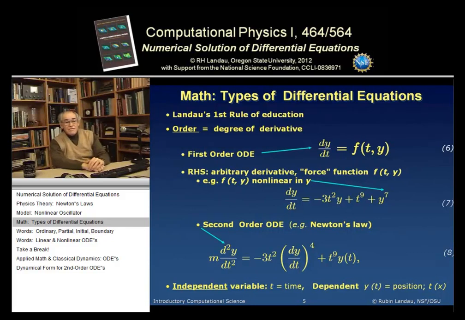I can tell you I want this value of the independent variable, and since it's independent, you can do that. So in all these equations, time, or t, is the independent variable. We can say at time 1 second, at time 2 seconds, tell me what the position y is. Y, consequently, is the dependent variable because it depends on time, t.